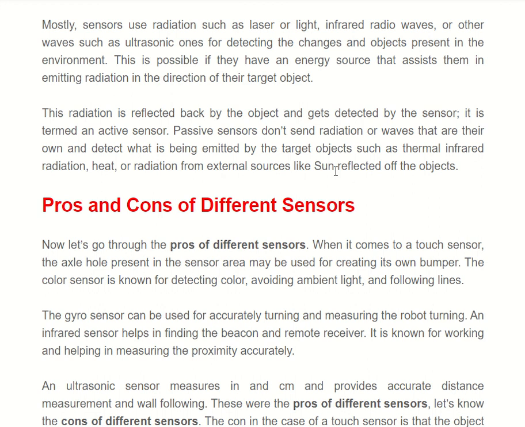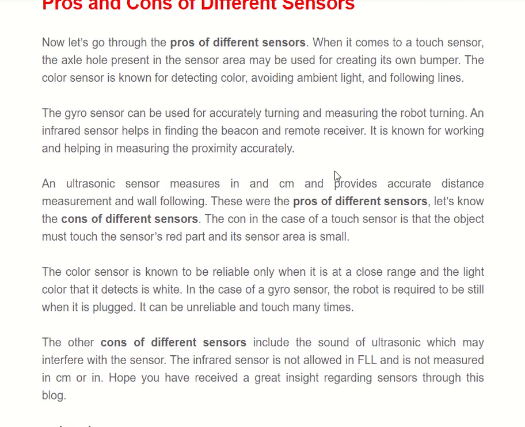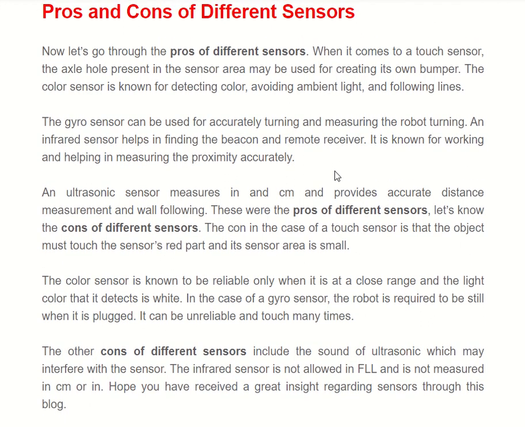Now let's see different applications or different advantages and disadvantages of different sensors. So when it comes to the touch sensor, the axle hole present in the sensor area may be used for creating its own bumper, and the color sensor is known for detecting color but avoiding ambient light and following lines.